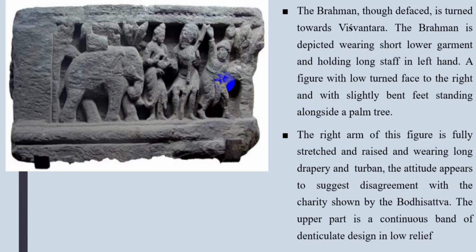The right arm of this figure is fully stretched and raised, and he is wearing long drapery and a turban. The attitude appears to suggest disagreement with the charity shown by the Bodhisattva. The upper part is a continuous band of denticulate design carved in low relief.